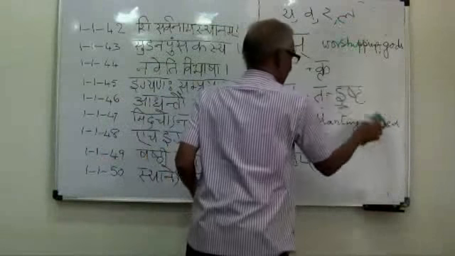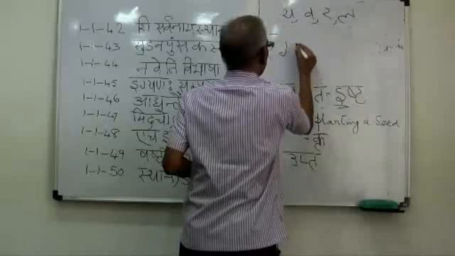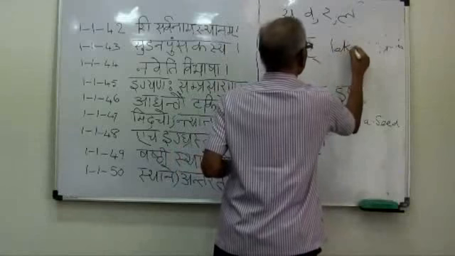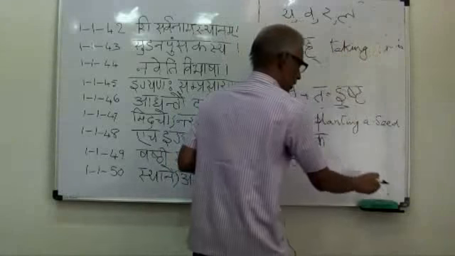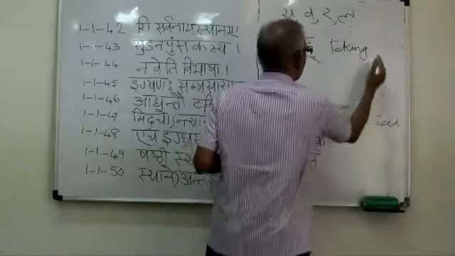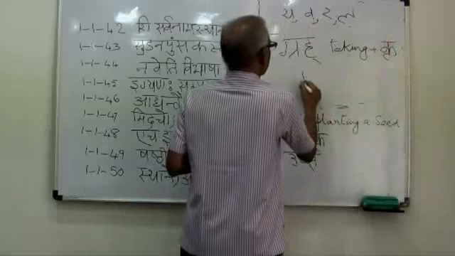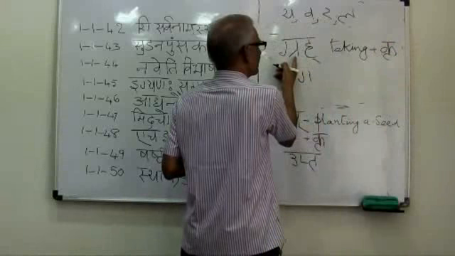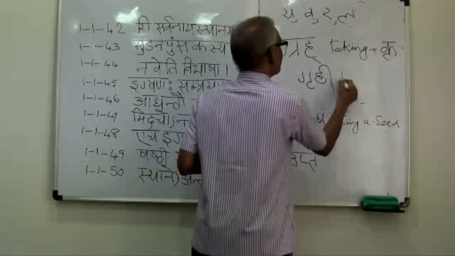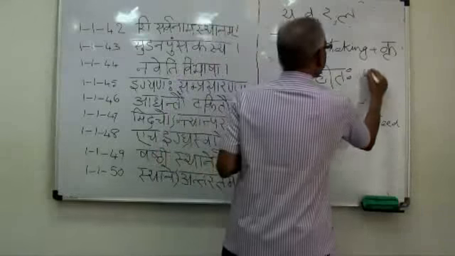We will take another word. Refa. Graha. Graha means taking. Grahanam. When this is joined with kta, this refa becomes rikara. Grihitaha. Grihitaha means the thing taken.